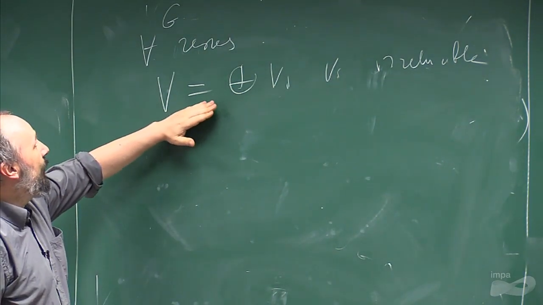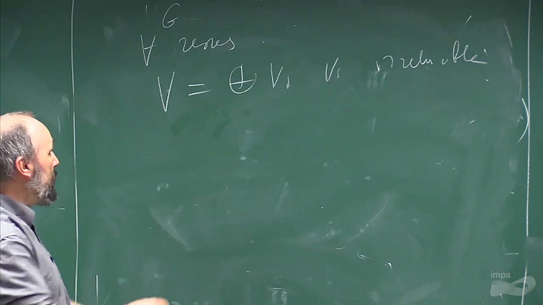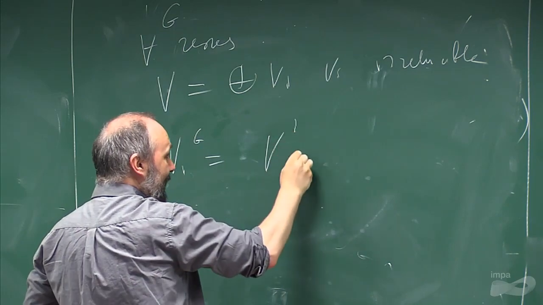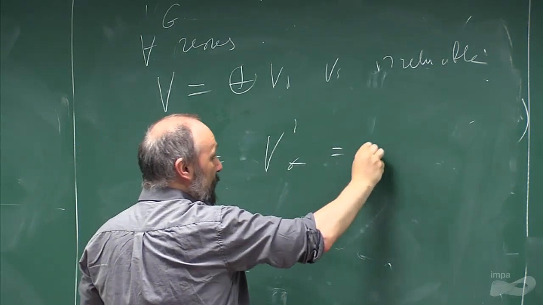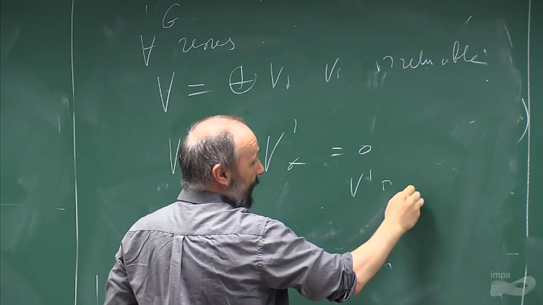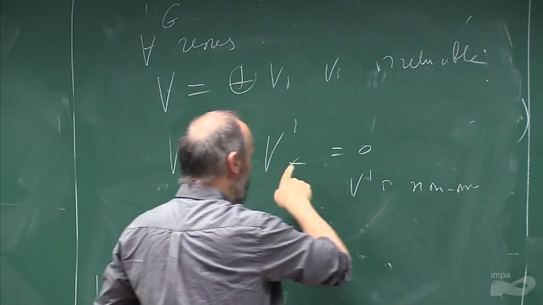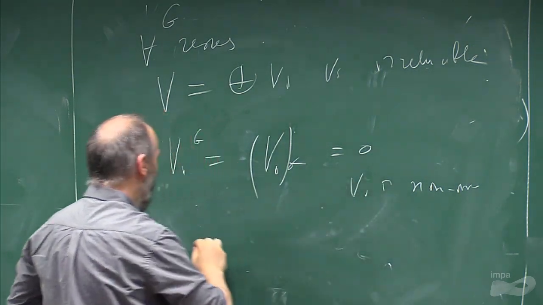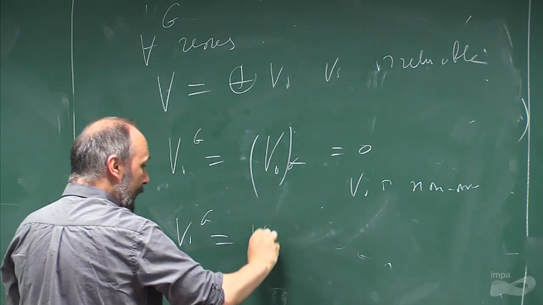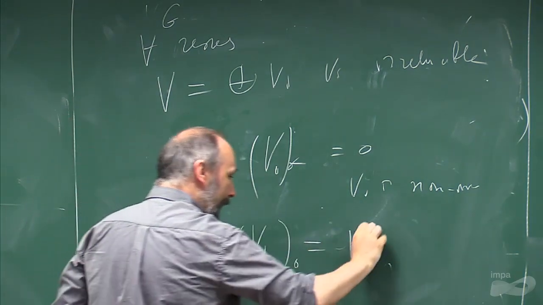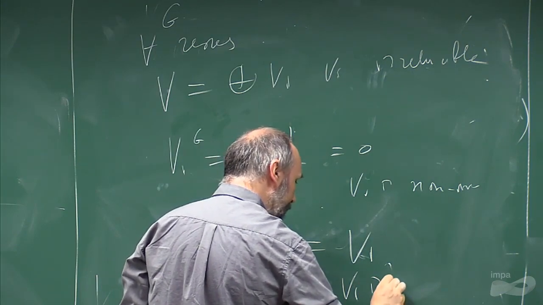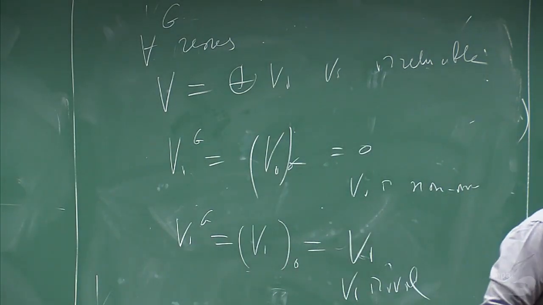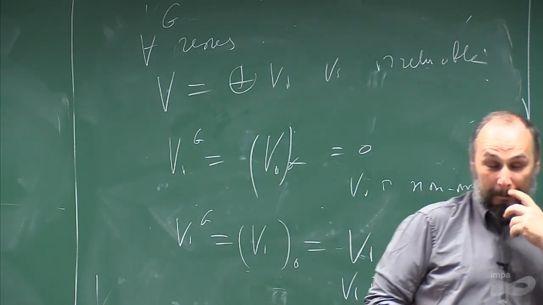Okay, so you have a representation. It's a direct sum of irreducibles. And then Vi invariants equal Vi co-invariants equal 0, where Vi is non-trivial, because it's irreducible. And then Vi invariants equal Vi co-invariants equal Vi if Vi is trivial, because there is no action on the trivial one, so this x minus gx is always 0, and everything is invariant.